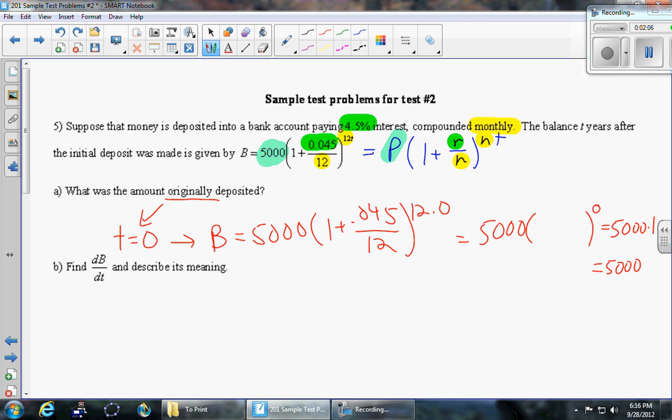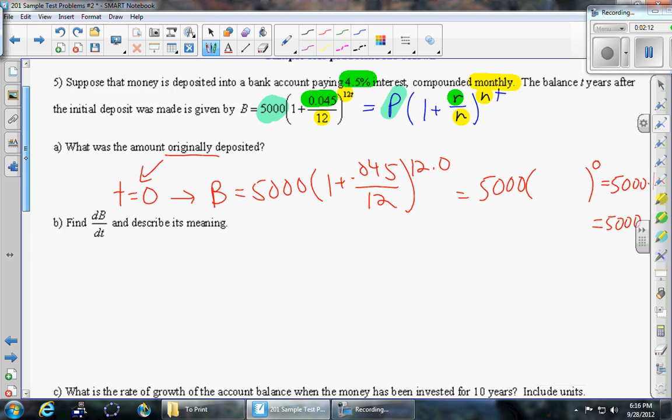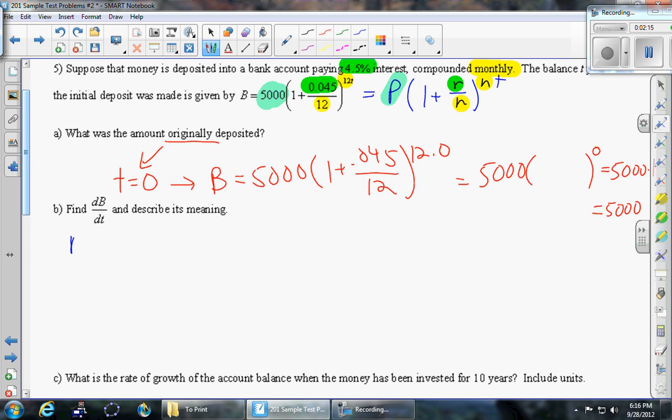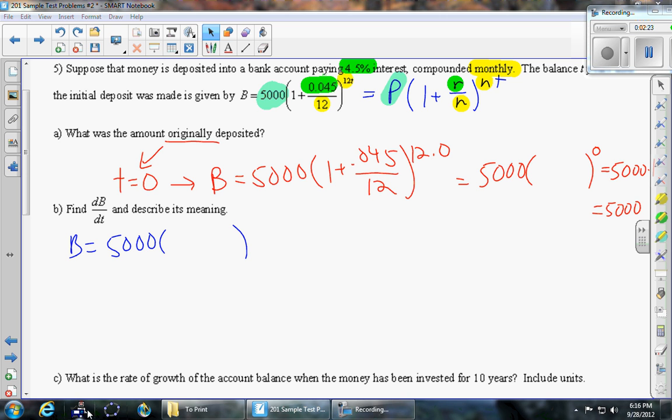Part B, find dB/dt and describe its meaning. Okay, before we do that, I would like to clean up our formula just a tiny bit. B equals 5,000. What I want to do is get a decimal instead of writing all those fractions in there. So we'll type this in the calculator and get a decimal.